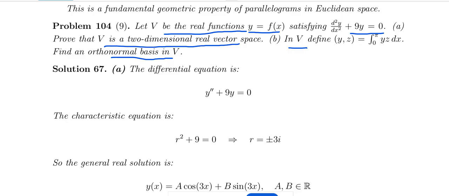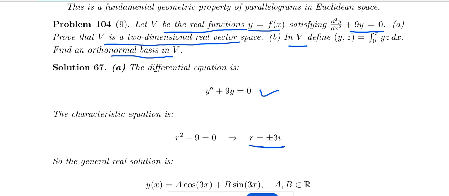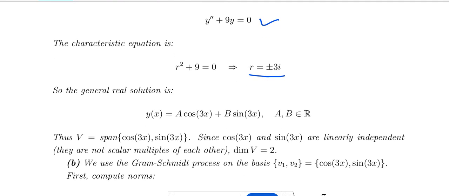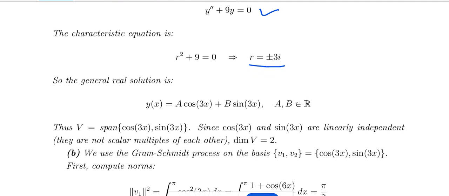First of all, V is the collection of the real functions satisfying this differential equation. So when you try to find the solution for this differential equation, there is the auxiliary equation, and the solution for the auxiliary equation is r equal to plus or minus 3i, that is purely imaginary. Then what is the solution? That is a cos 3x plus b sin 3x.